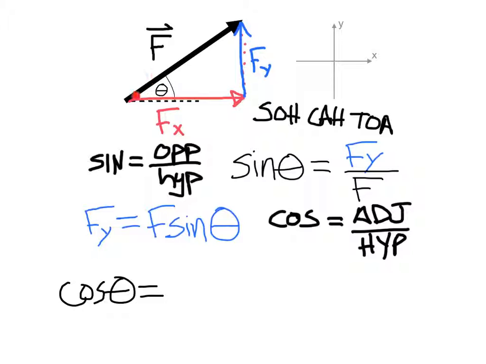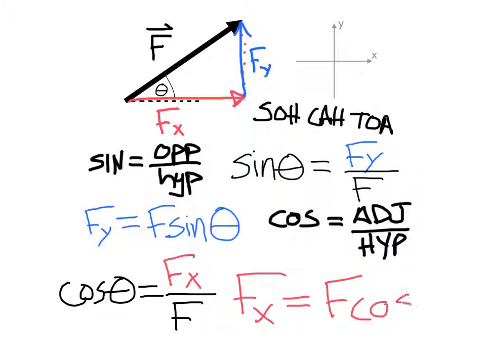So here's theta, and the component that's touching theta is the adjacent one, so that is the x component, fx. And then divided by the hypotenuse again is just the magnitude of the vector f. So solving that out, we get fx equals f times cosine of theta. So let me just box those a second.